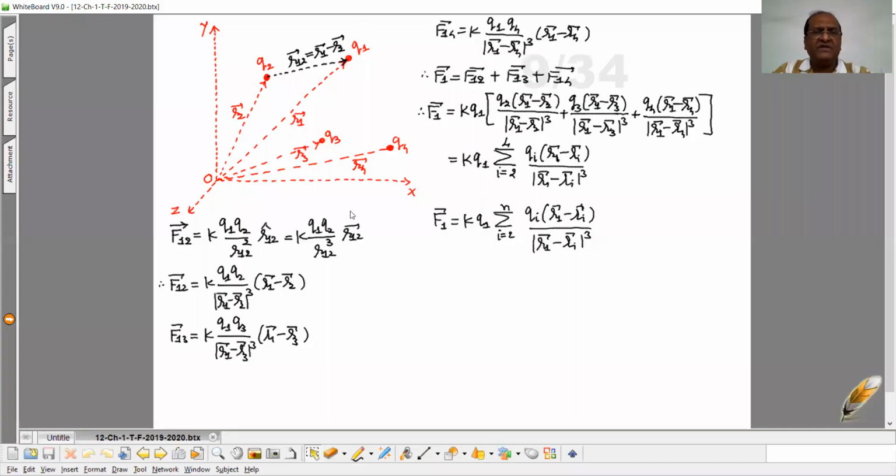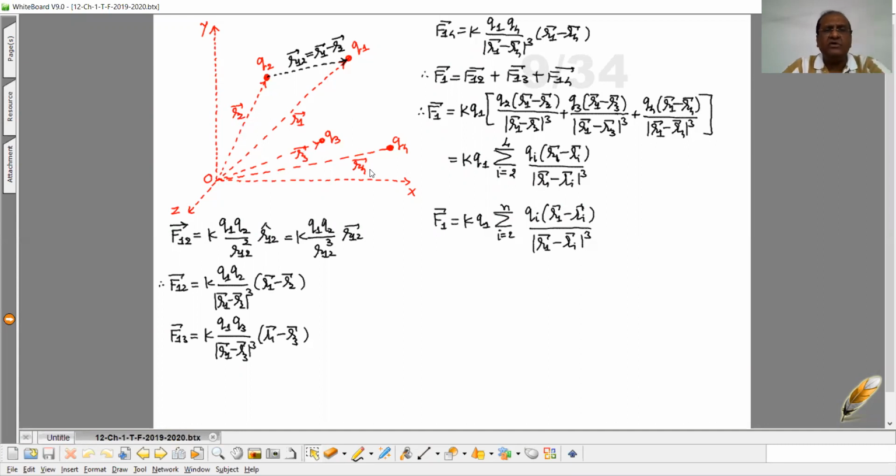Now see, suppose as shown in the figure, we have the charges Q1, Q2, Q3, Q4, and suppose the position vectors are as shown in the figure: of Q1, that is R1, of Q2, that is R2, of Q3, that is R3, and of Q4, that is R4.